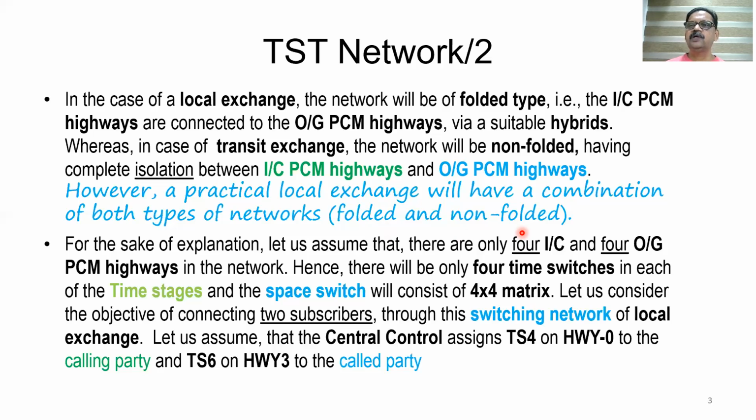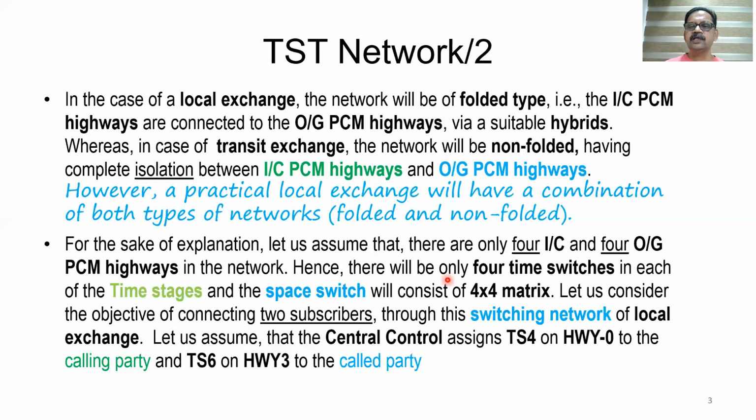For the sake of explanation, let us assume that there are only four incoming and four outgoing PCM highways in the network. So we are taking one example for explanation purposes, which has four incoming PCMs and four outgoing PCMs.